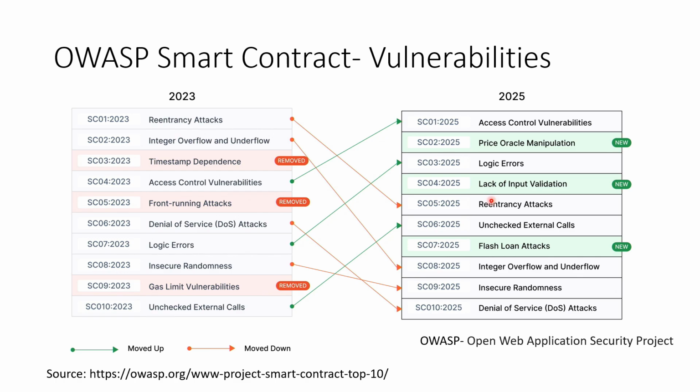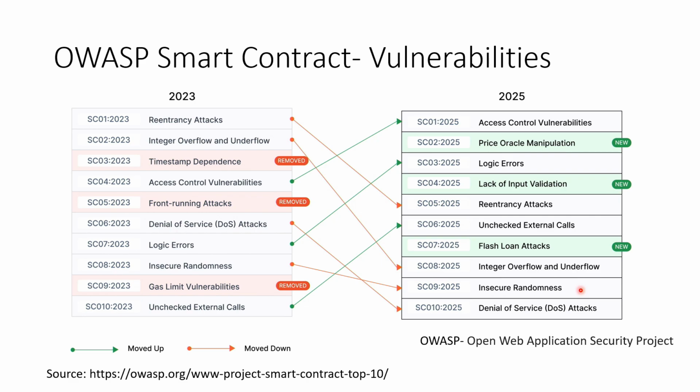If you see 2023, some of the vulnerabilities were removed in 2025. That is depending on the number of times that particular vulnerability is exploited. So based on that report, these are the top 10 vulnerabilities considered in 2025 for smart contracts. We'll see each of the vulnerabilities one by one.